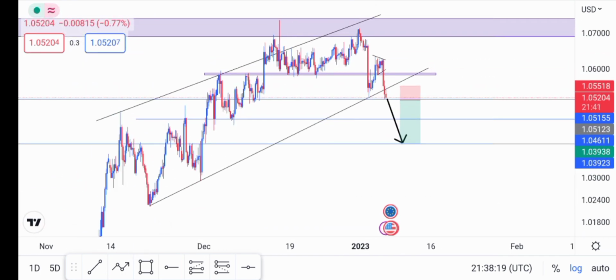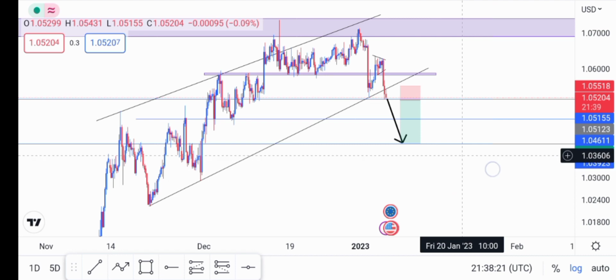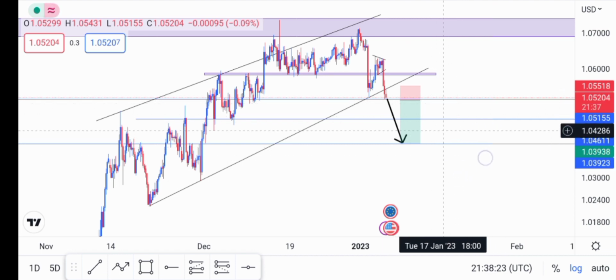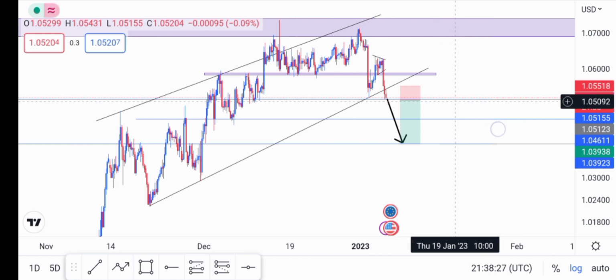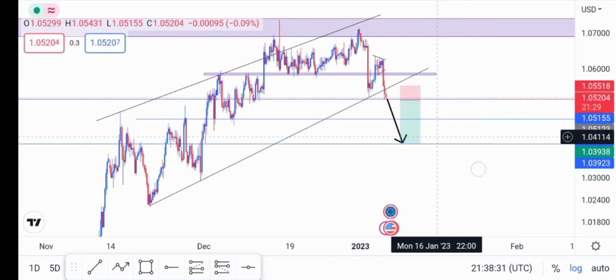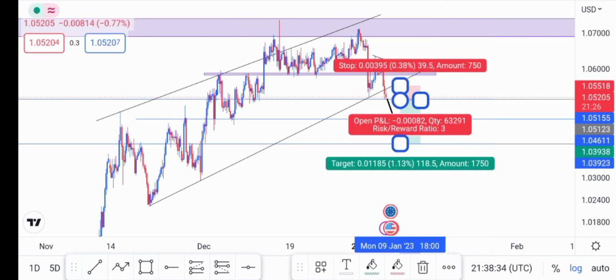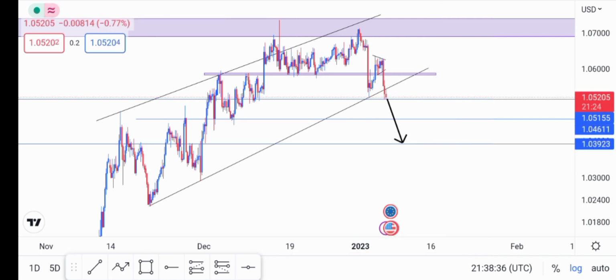So it's either we have a breakout, or this could be a false breakout. But bear in mind, like I've said, wait for the market to close below this level here, then you could enter for the sellers. So currently, by the looks of things, I think USD is gaining a little bit of momentum.